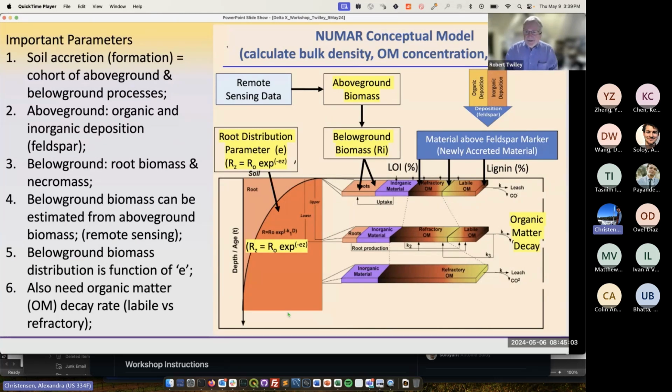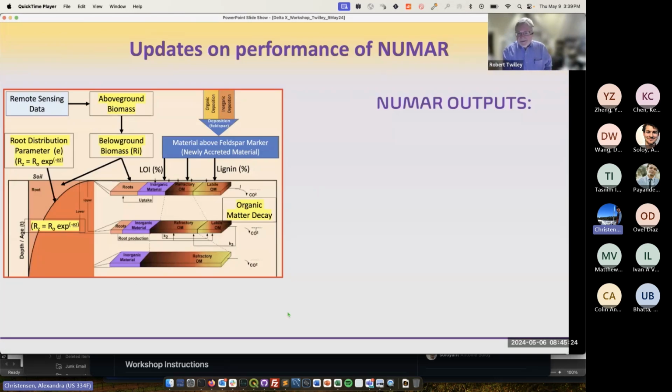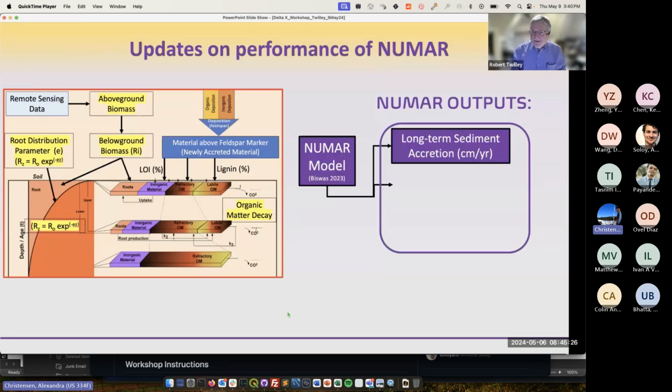So this is what you end up with, again, a composite, and it's, again, mass balance, and the parameters that you're dealing with characterize the inputs, characterize the outputs, and then the quality of the material, and then the self-packing parameter. And you get these three outputs. You get the long-term accretion rate, again, long-term, 100 years.